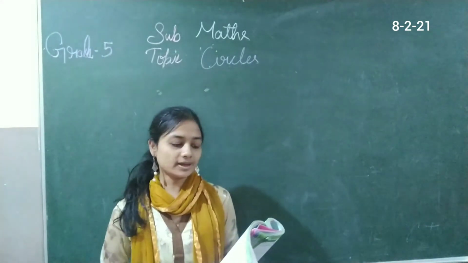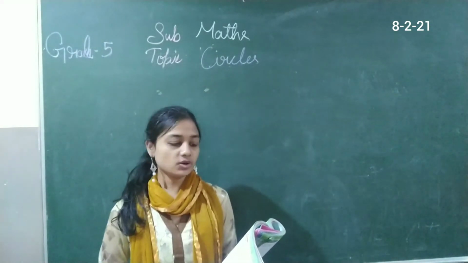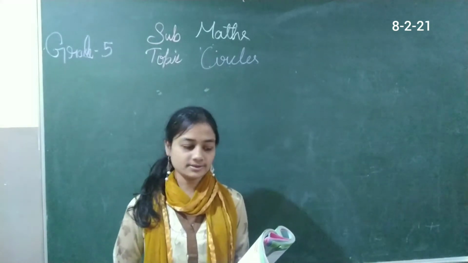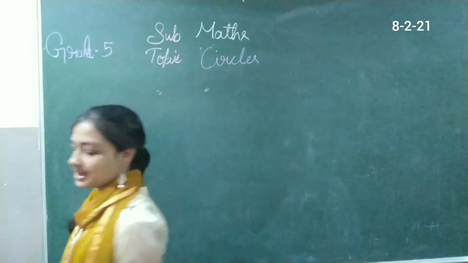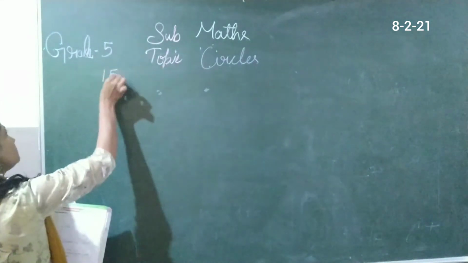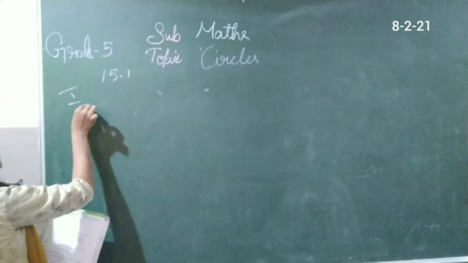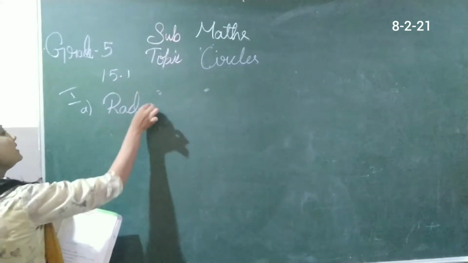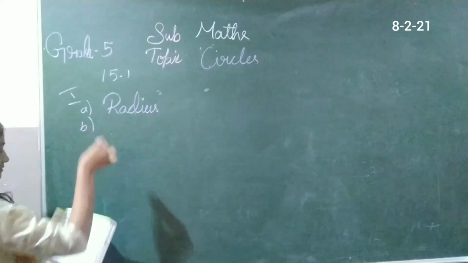So the first one, they have drawn one line which is joining the center and one point of the circumference. So what is that called? 15.1, first one is radius. Answer is radius. Second one.